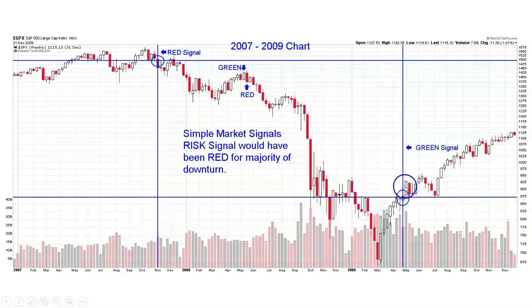So 2 of these types of downturns in the course of a decade, and simple market signals could have helped you really protect yourself, understand what was going on in the market, and set realistic expectations in both cases. And when the risk signal turns green, as it did right here, you will know that the likelihood of you making money in equities has substantially increased.